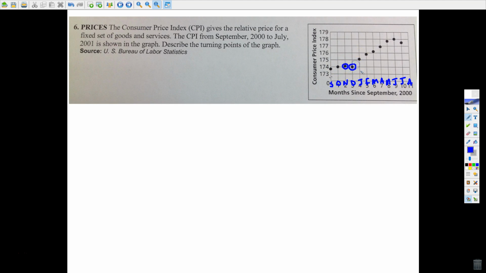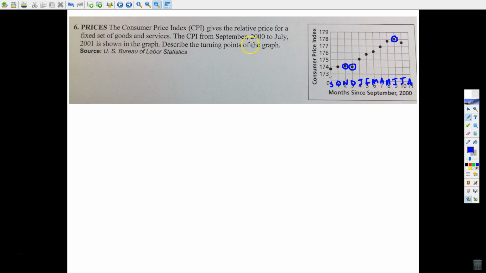So there's another turning point. All right, and once we've turned and went a different direction, we're going up, we're going up, we're going up, until we get to here, and then we change direction and go back downward.